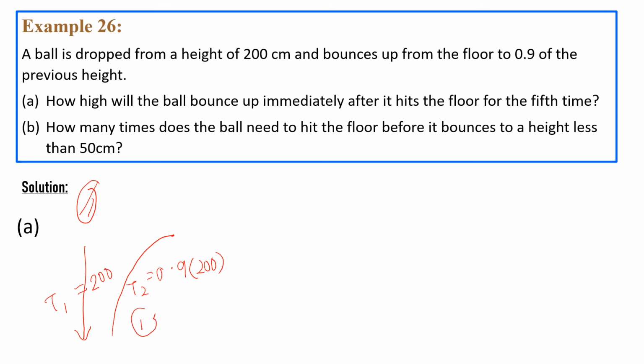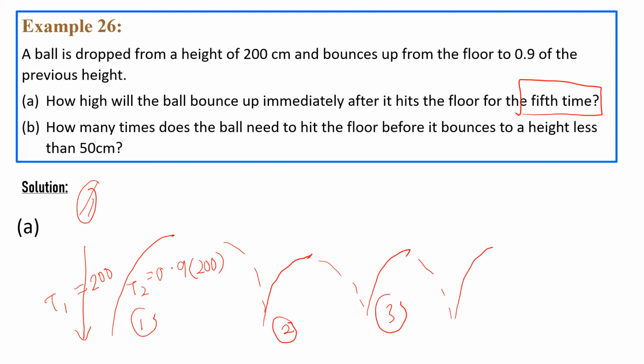So how to get the 5th time? Look at here. This is the 2nd time the ball bounced from the floor. It is the 3rd time. This is the 4th time. And this is the 5th time. You can see that actually we want to find T6.